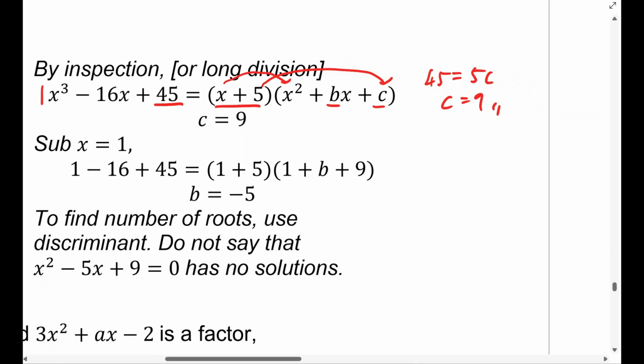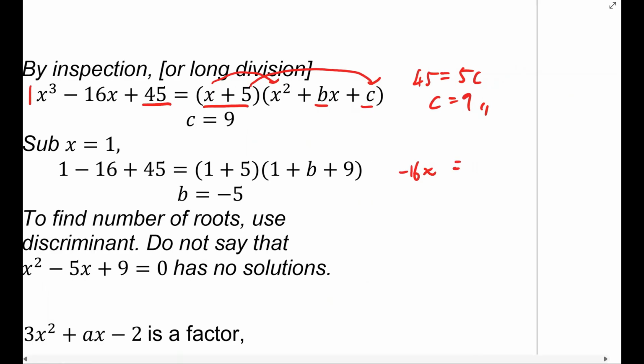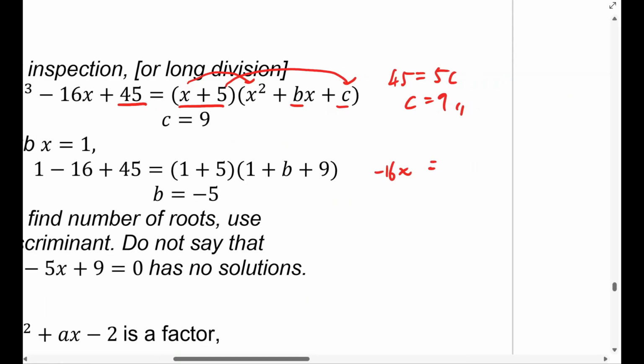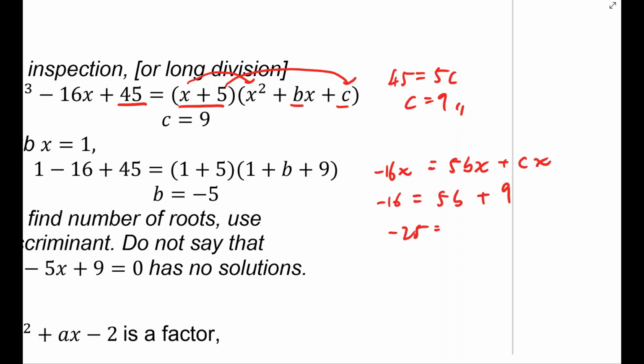On the left hand side, the coefficient of x is minus 16. And on the right hand side, how do you get your term for x? It will be 5 times bx plus cx. And then you know c equals 9, so you can sub that in. So minus 16 equals 5b plus 9. Then you shift it over, minus 25 equals 5b, b equals minus 5. That's how you get b.